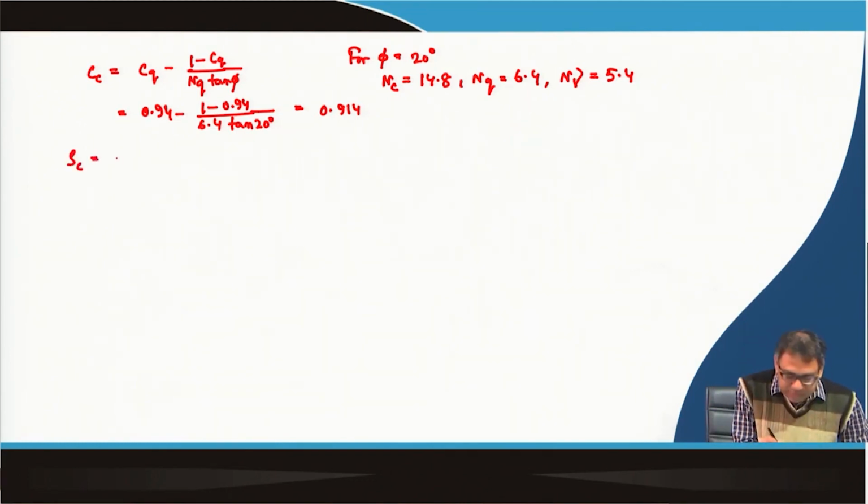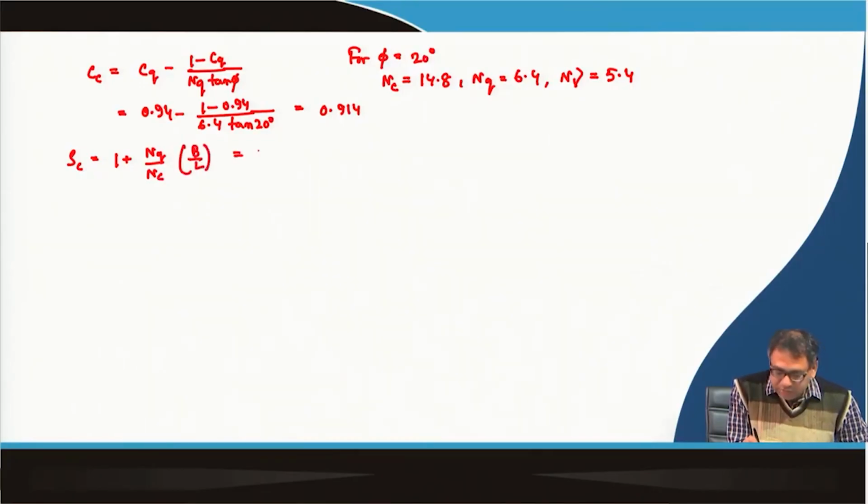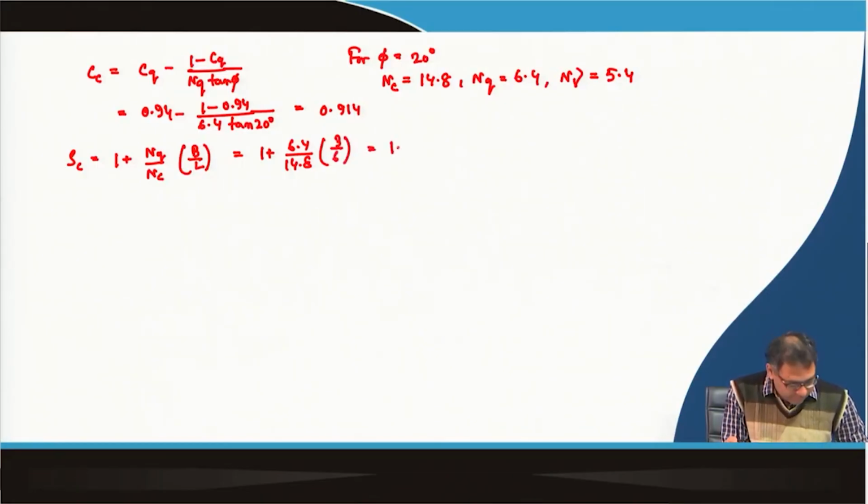So, Sc is 1 plus Nq by Nc divided into B by L, which is 1 plus 6.4 divided by 14.8, B is 3, L is 6, which is 1.216. Okay.